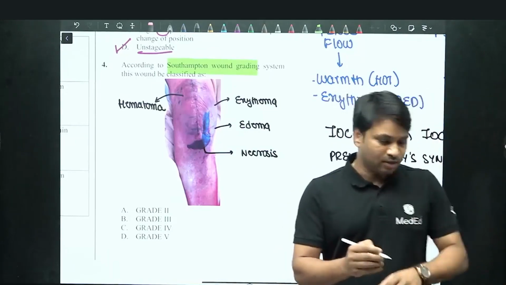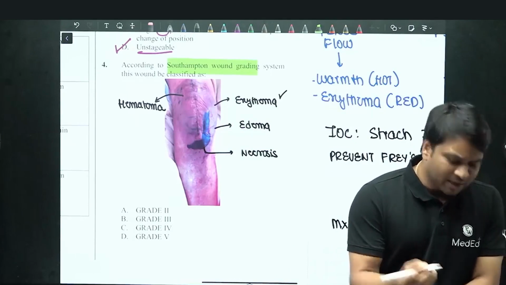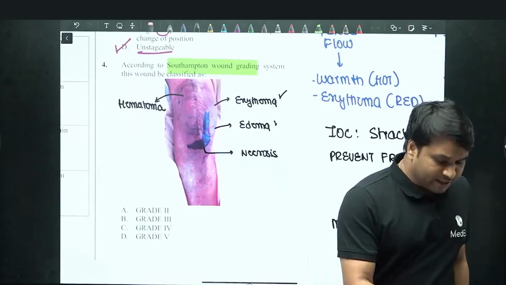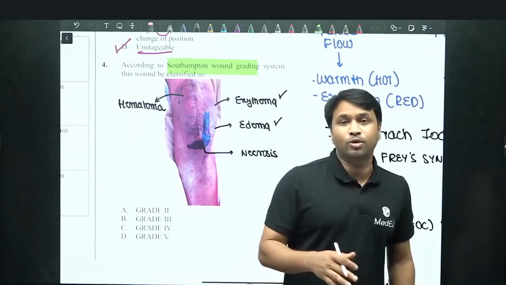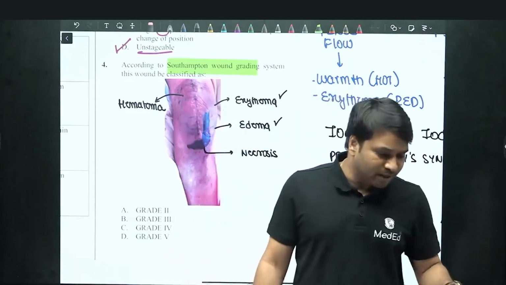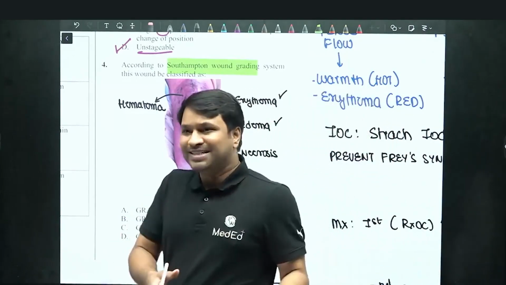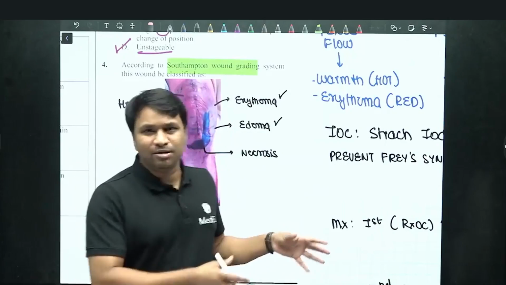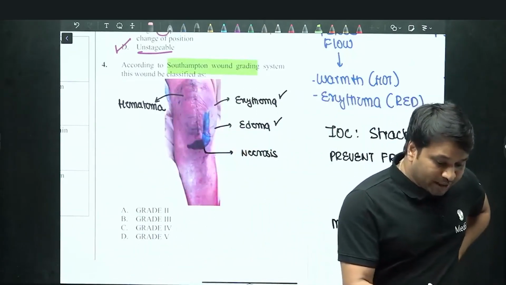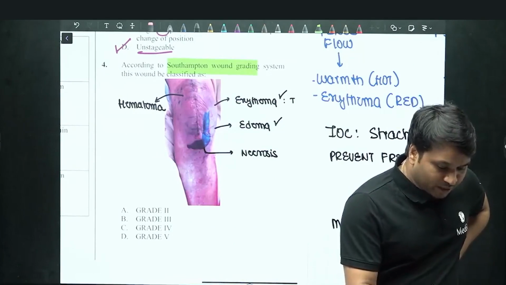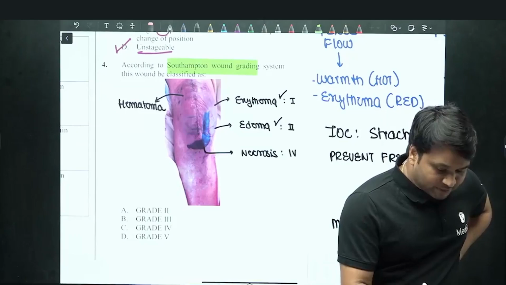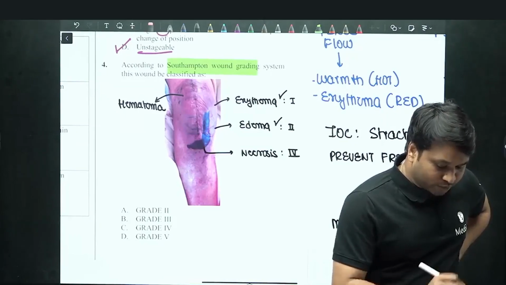I'm not worried about erythema because erythema can be seen in grade 1, grade 2, grade 3 also. If there is only erythema, it will be grade 1. If there is edema, it will become grade 2.